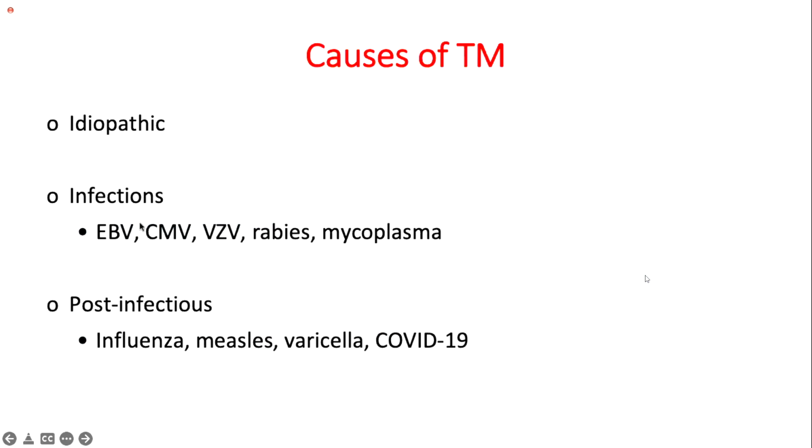Now here, these are infections, meaning the viruses or the bacteria directly have an effect on the spinal cord. These are what we call neurotropic viruses. They have an affinity towards the neurons, so they go and infect the neurons. Herpes viruses are well known for that. Post-infectious, it is not the infection that causes it.